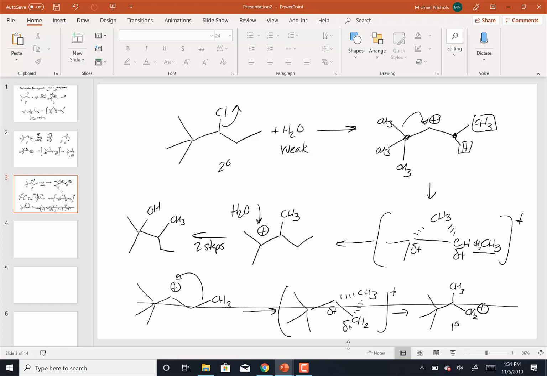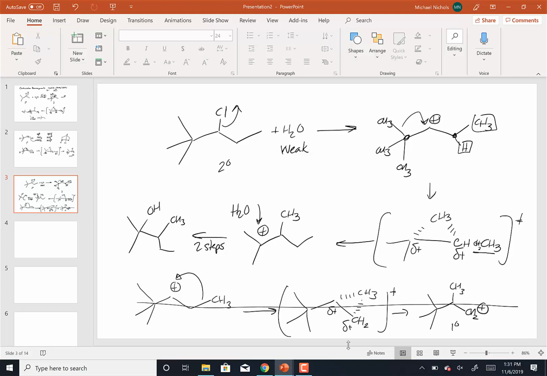And so in this case, I can shift any of those three groups. Mary? Okay, so it's not a matter of the fact that you're shifting a hydrogen or a methyl group, it's just what you can shift to make it the most stable. Exactly. So in this case, I have three methyl groups. I can't imagine a situation where you would shift a methyl group.